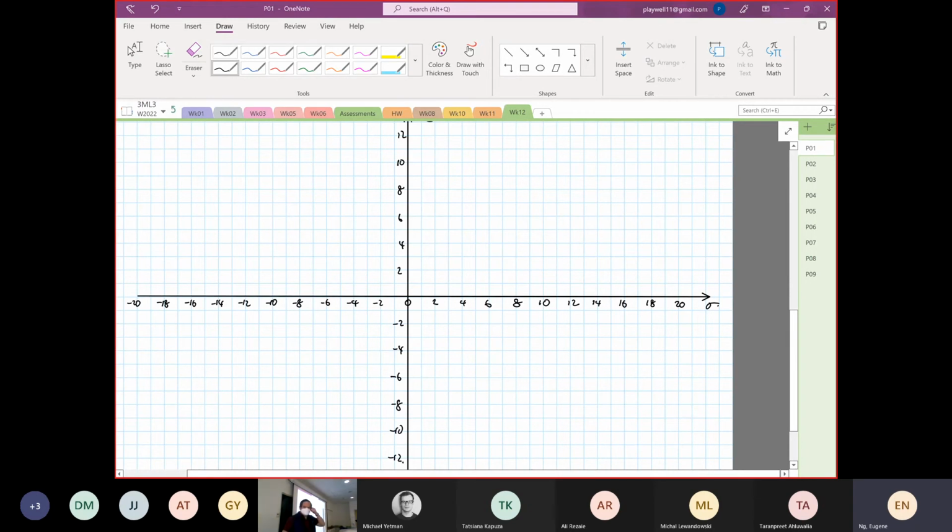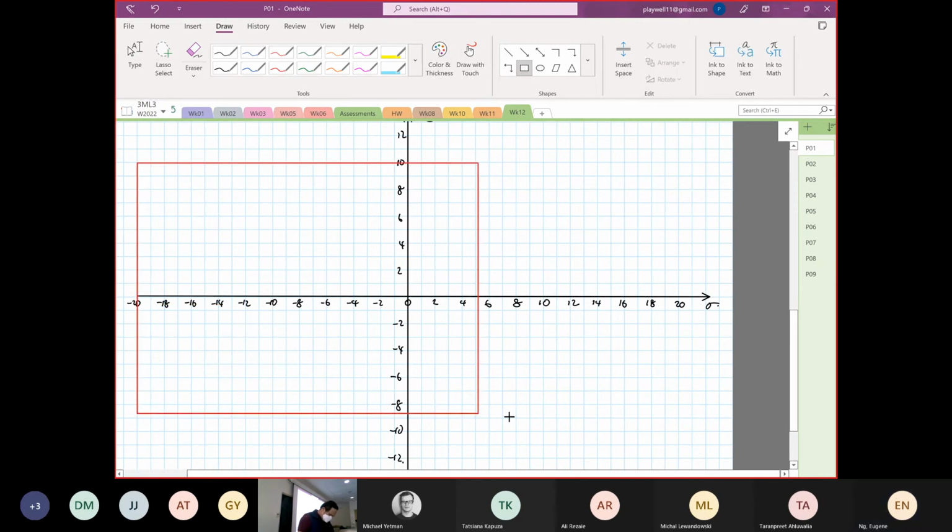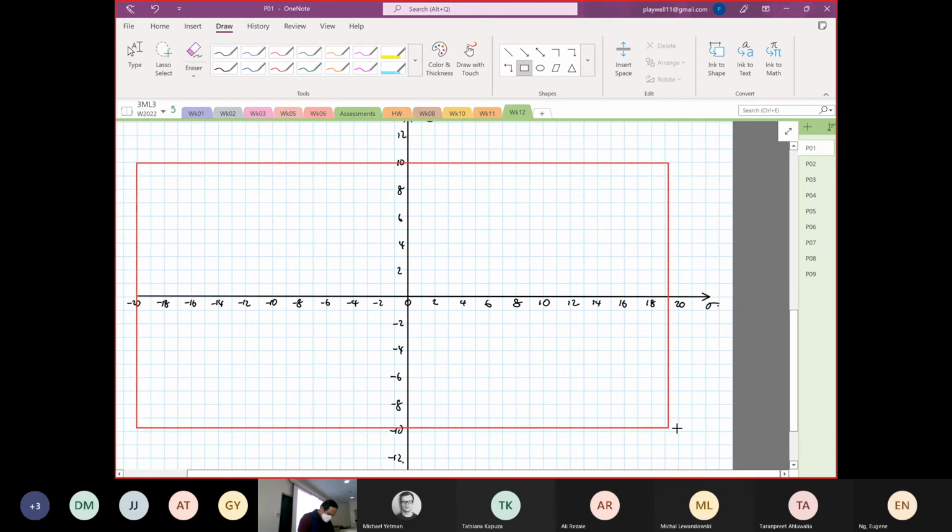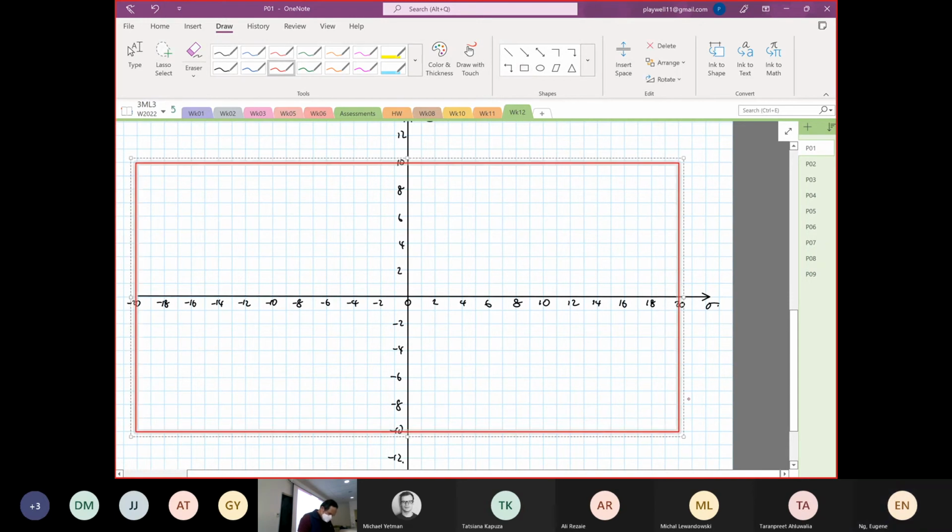And I'm going to sketch our limits. The circle cannot be bigger than this rectangle. In terms of shear, this is our 10 and minus 10.